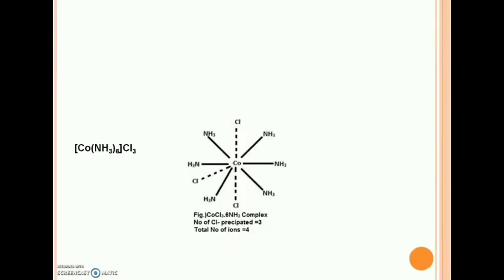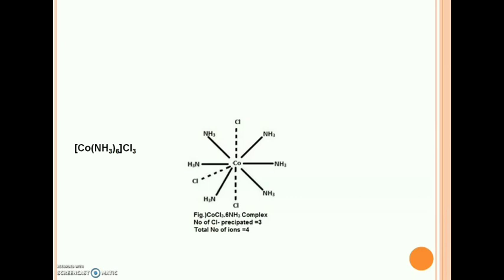The structures of various cobalt amines are used for explaining Werner's theory. Cobalt has a primary valency, which, as I already told you, is the oxidation state. Cobalt has an oxidation state of 3 and a coordination number of 6.